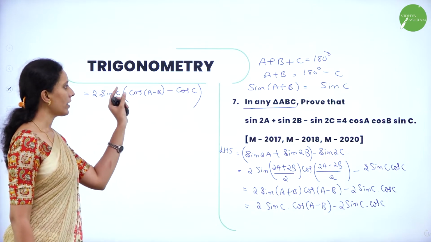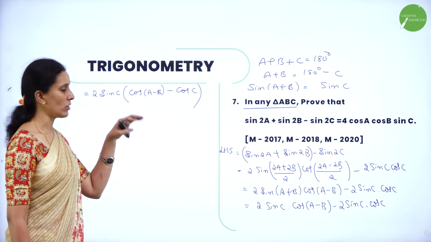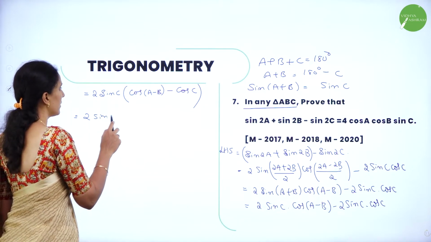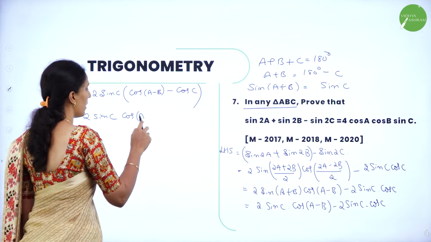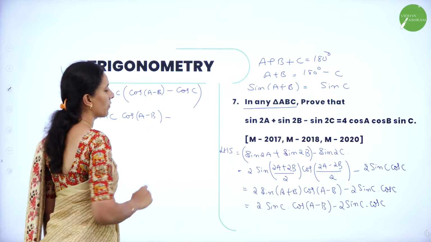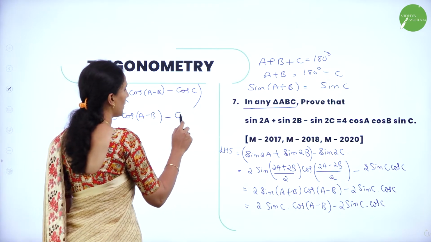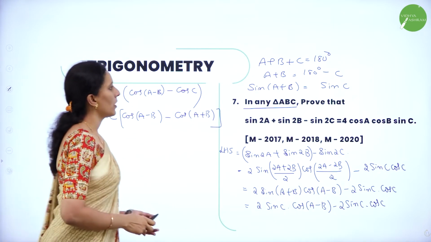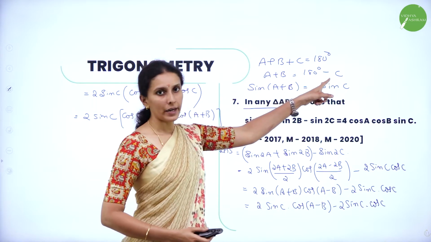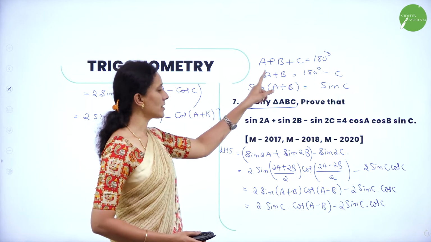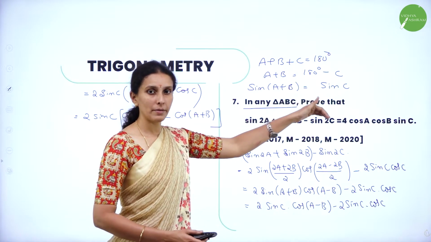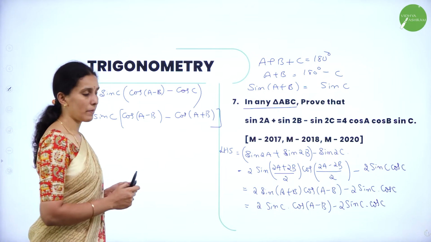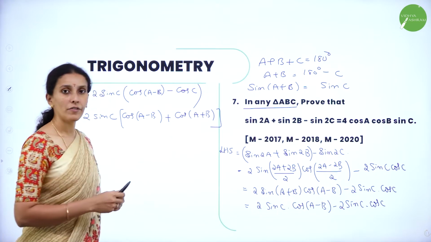We can take this in the form of cos C minus cos D. Instead, we can also substitute, in the place of cos C, cos of (A plus B), because we have A plus B equal to 180 minus C. Cos(180 minus theta) is minus cos theta, so minus cos C can be represented as plus cos(A plus B).